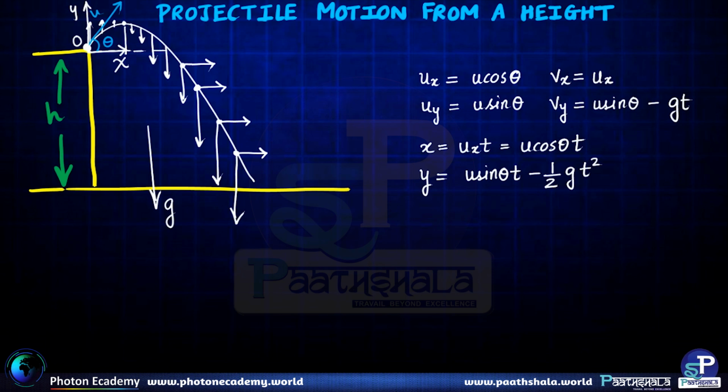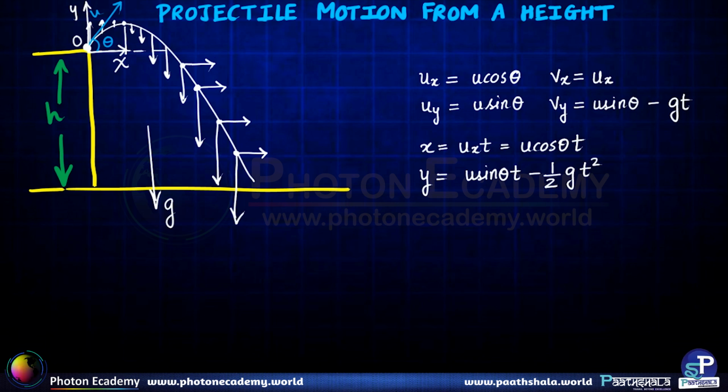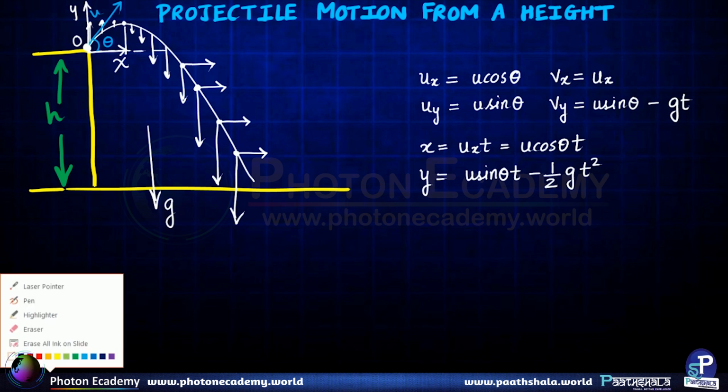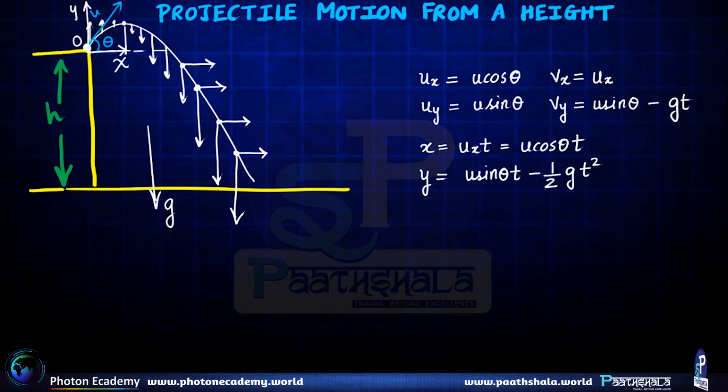So the first thing that we would like to find out is the time of flight. The logic that we'll be using for finding out the time of flight is the fact that at the time of flight the height h is going to be traversed in the vertical direction. So basically at the time of flight the y coordinate is going to be minus h.